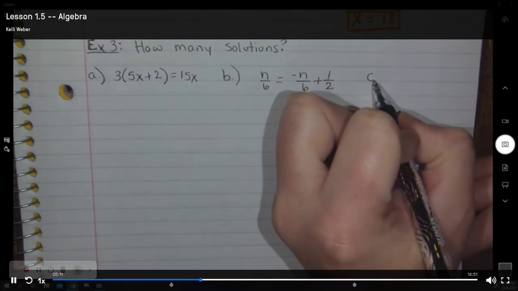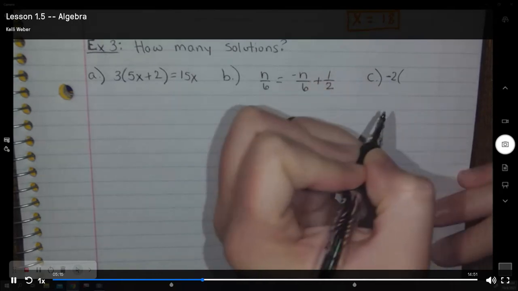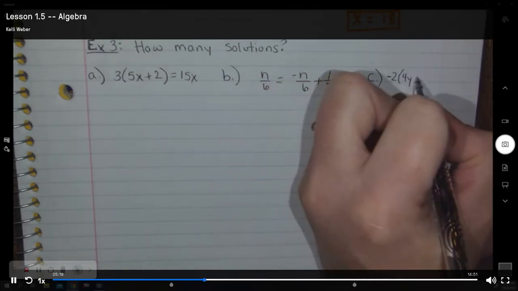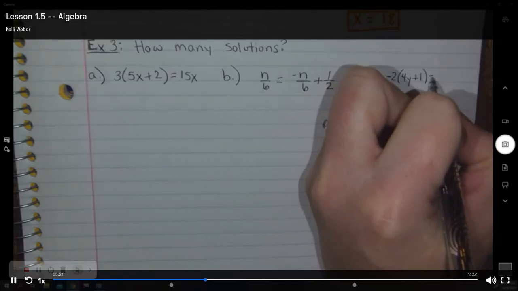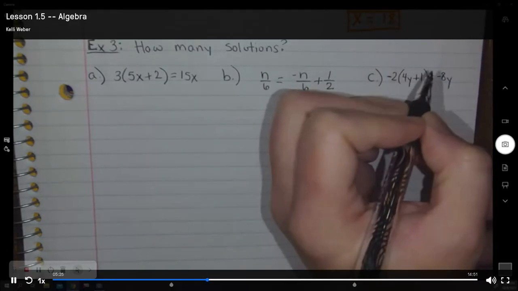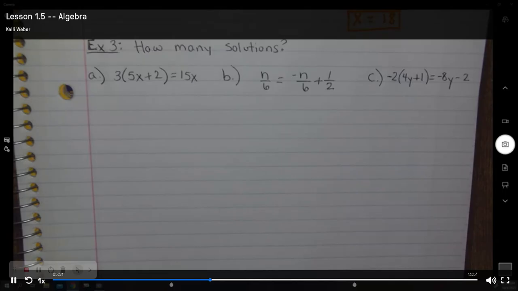And for problem C, we have negative 2 times the quantity 4y plus 1 equals negative 8y minus 2. So we're going to look at these individually, but I wanted to write down the equations first.